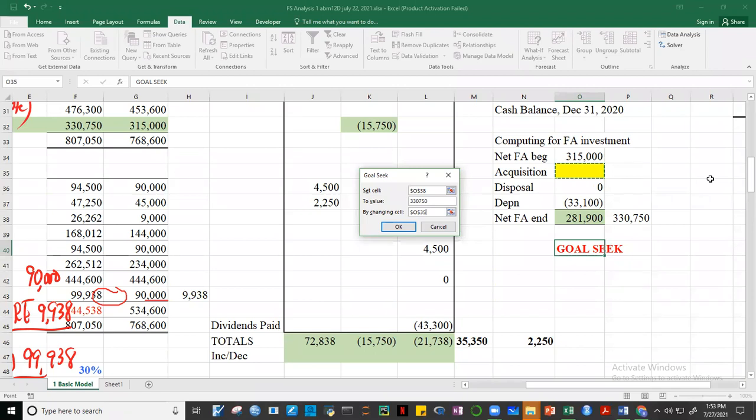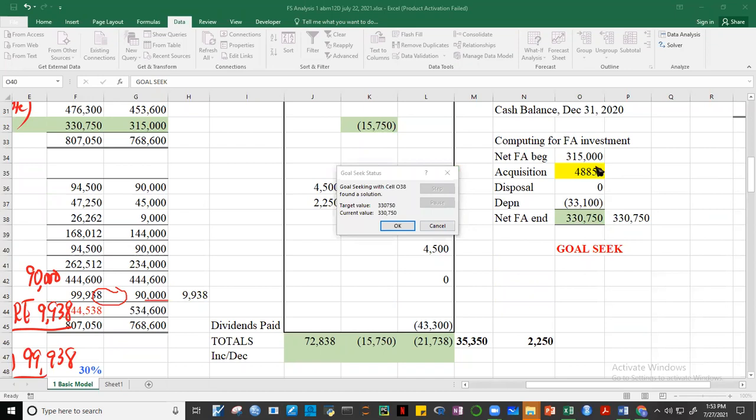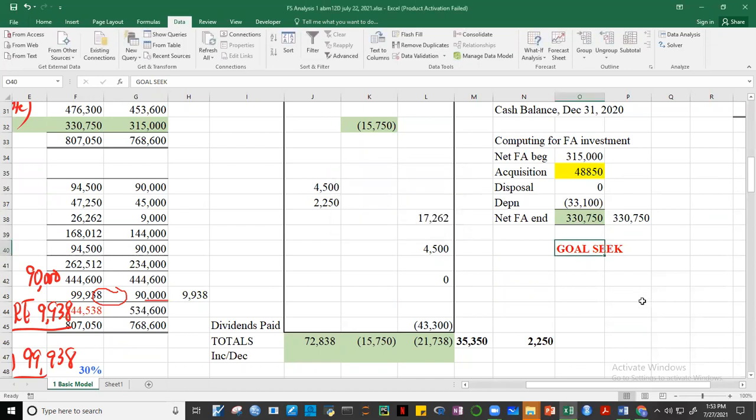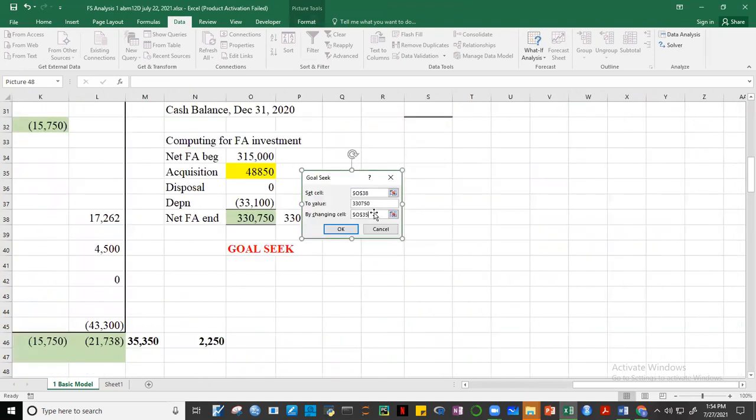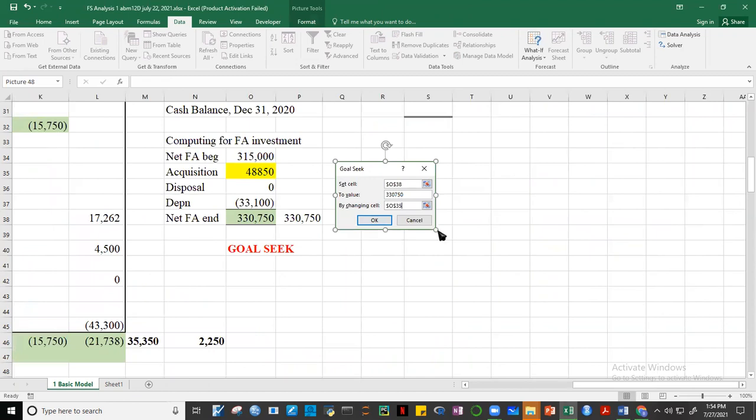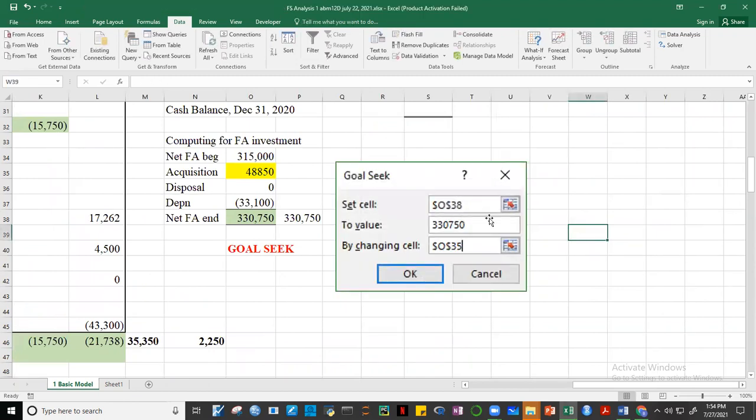So press ko lang Control, Alt, print screen para mapakita ko tong box na to. Then okay. There you go, guys. Yan, 48850. Okay, Control V. Since I'm going to send this file to you also para kita niyo reference.